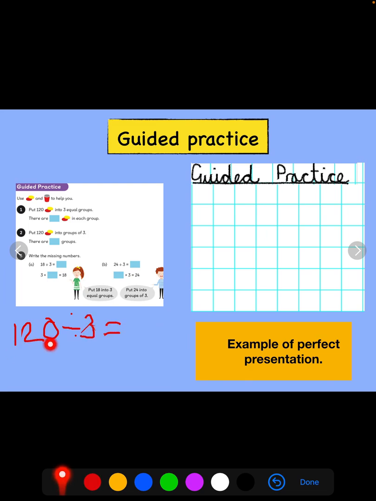So you're putting 120 into 3 equal groups and seeing how many counters are in each group. Another way of doing that is to create 3 groups and share 120 counters out equally into those 3 groups and see how many counters are in each group.